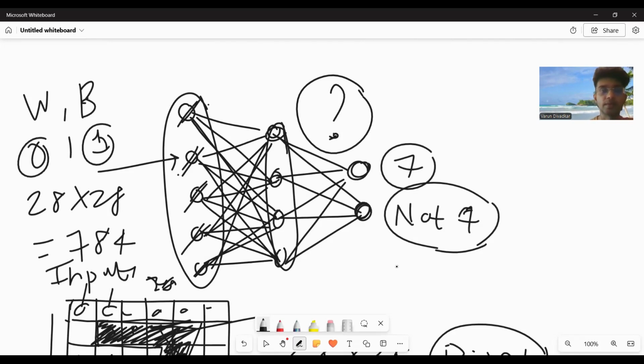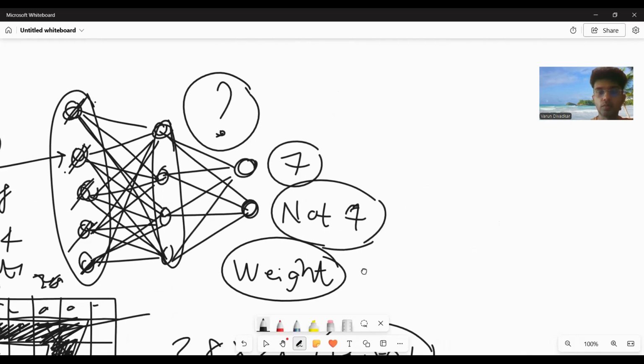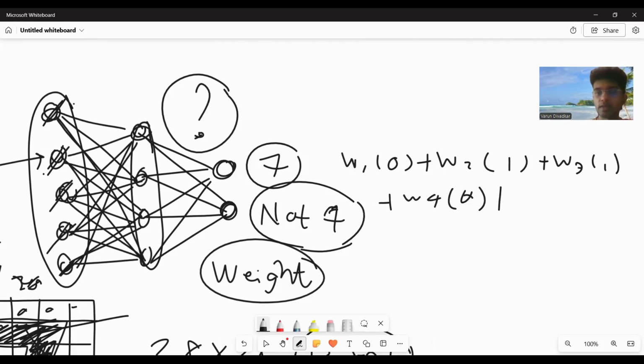What's happening is each of these nodes is getting multiplied by something called a weight. So let's say something like W1 into 0 plus W2 into 1 plus W3 into 1 plus W4 into 0, something like that, plus dot dot dot plus W784 into 1 or maybe 0, whether it's a 1 or 0.